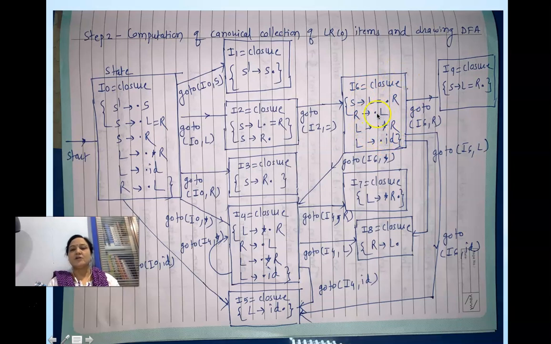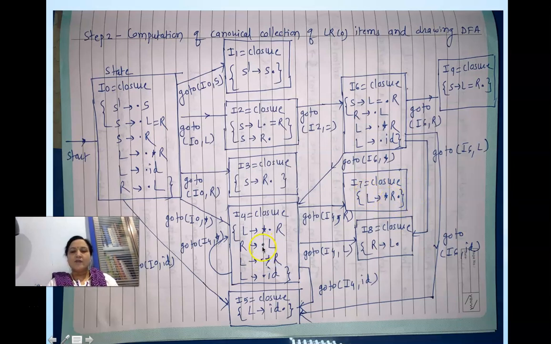This is what we have got as I6. Now from I3 I will not get a further transition because this is a complete item. From I4, yes, on R we are going to get a transition. So go to I4 comma R, I am getting I7. So I7 is equal to closure of L tends to star R dot. Now after the dot nothing is there, so we have to stop here.